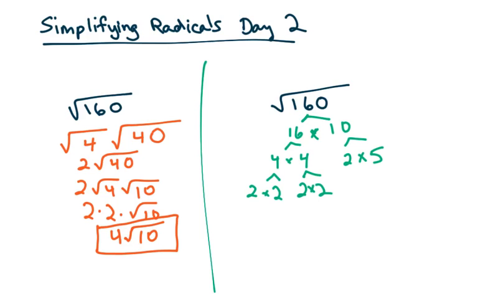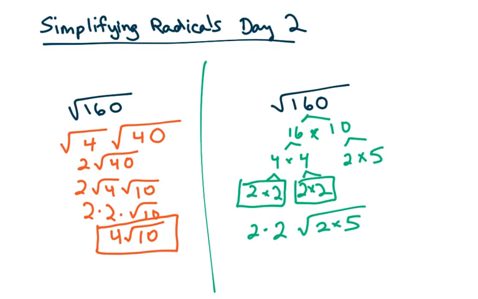And every time you see a pair of equal factors, that is a whole number. So then we have another pair of factors, 2 times 2, and everything that doesn't have a match goes under the square root. So basically, you could think of it this way: these are all square roots.